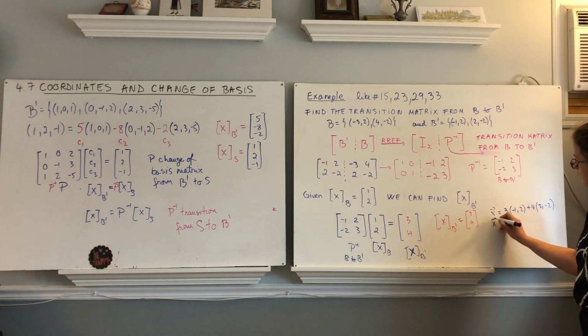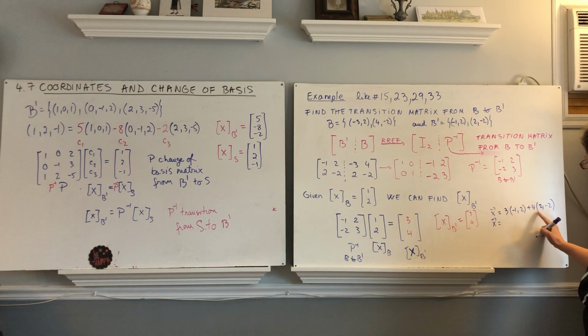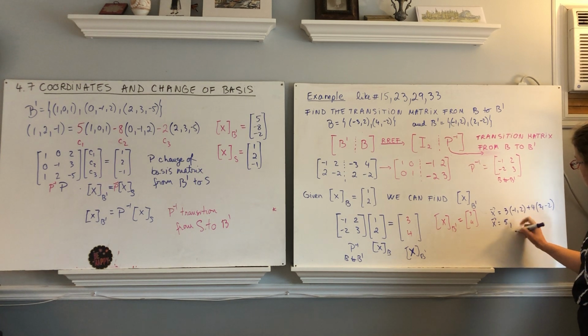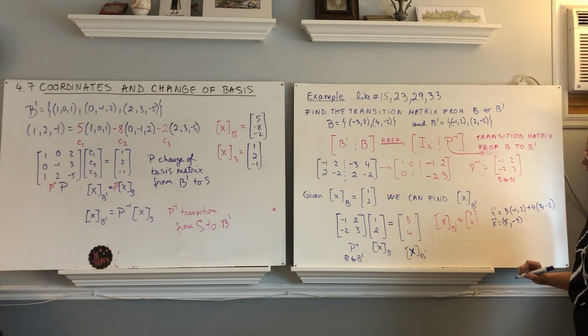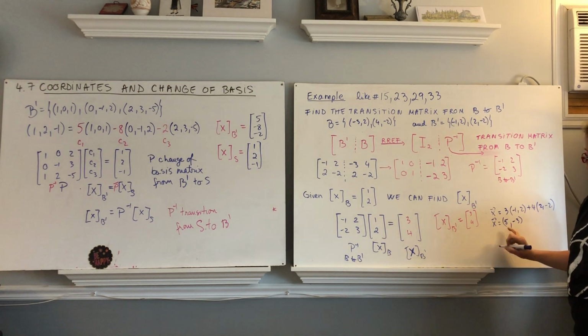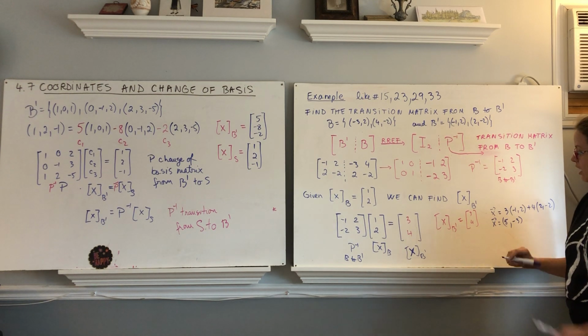So let's compute this. -3 plus 8 is 5, 6 minus 8 is -2, right? So according to this, the coefficients with respect to the standard basis would be 5, -2. Now we could compute this. I'm just verifying that my computation was correct.